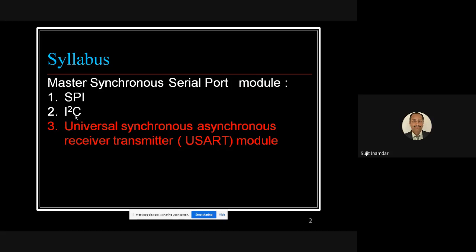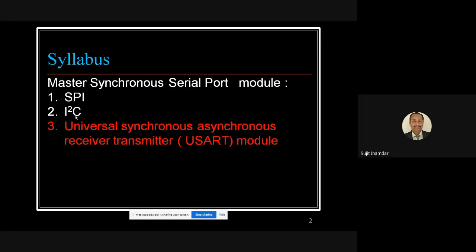But what is the difference between synchronous and asynchronous? Yesterday I told you, it is the clock. If the same clock is used at the transmitter end as well as the receiver end, that comes under synchronous. And asynchronous means the transmitter is sending one by one and the receiver is receiving one by one, bit by bit. So that is asynchronous.